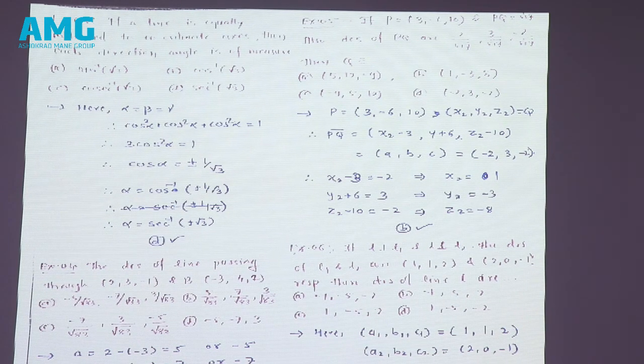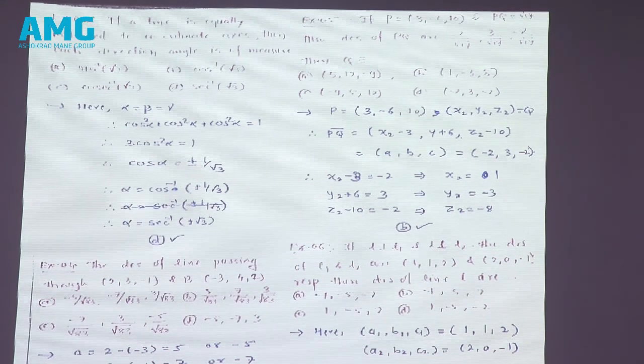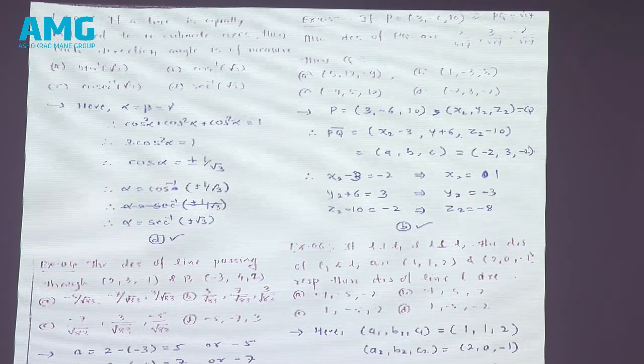These three values are nothing but the DRs of the PQ bar, that is a, b, c. But the DCs are already given, and through these DCs we can write the DRs as just numerators minus 2, 3, minus 2.